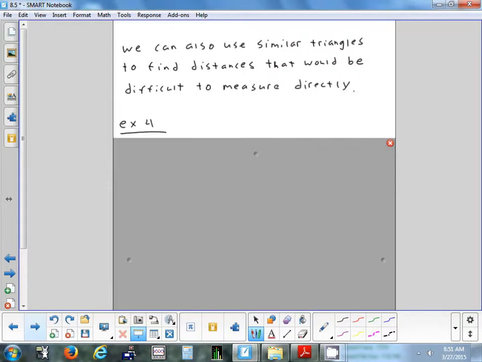All right. The other thing that you can use similar triangles for, kind of something more practical, is to measure distances. Now when I teach something like this in trig, we actually go outside. We measure an angle to either the roof or a goalpost or any object we want to get the height of.